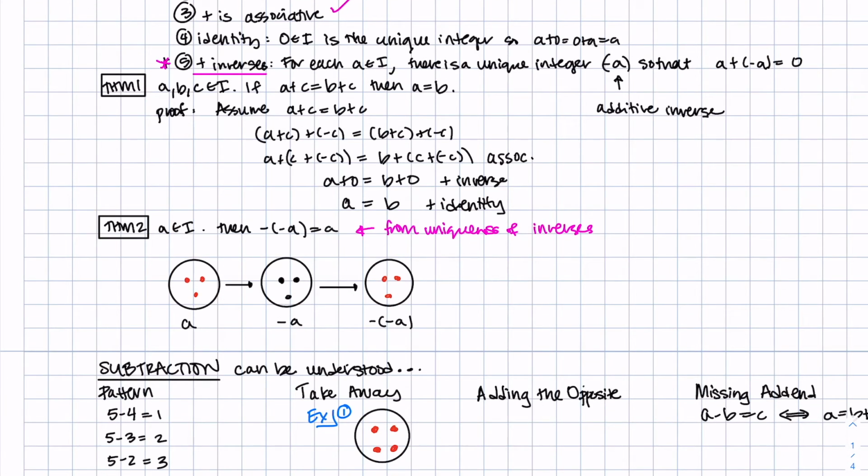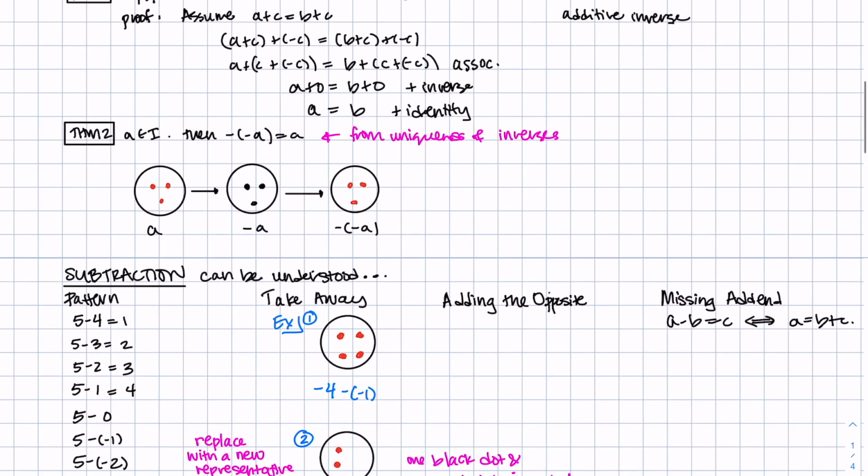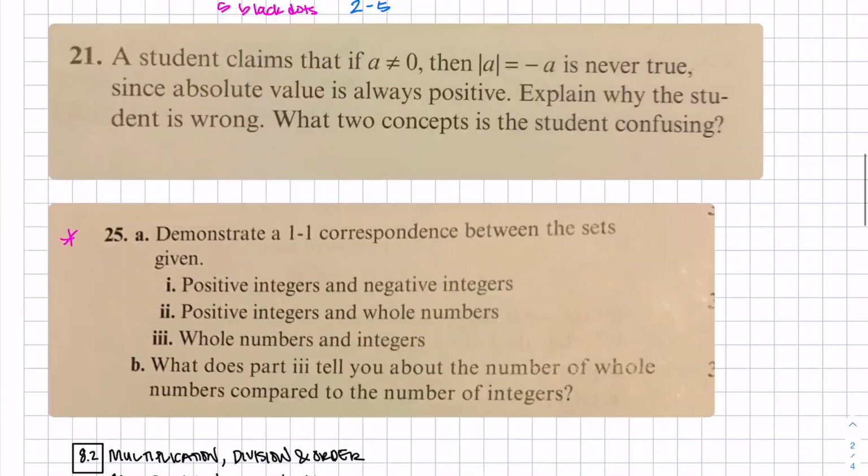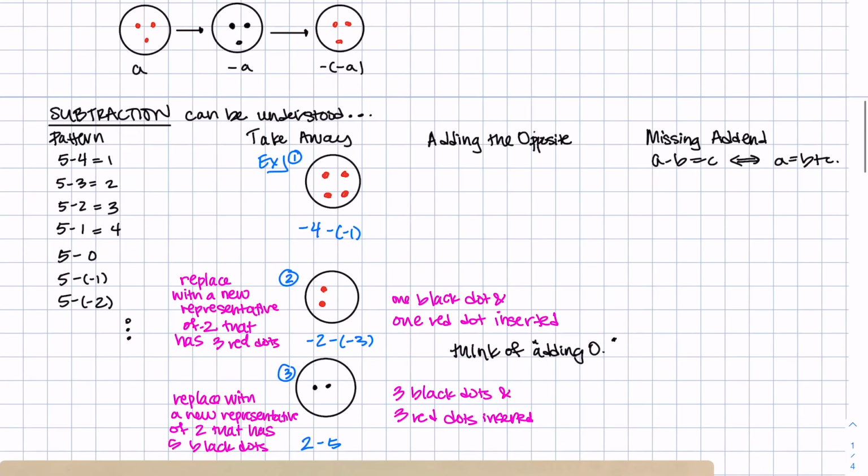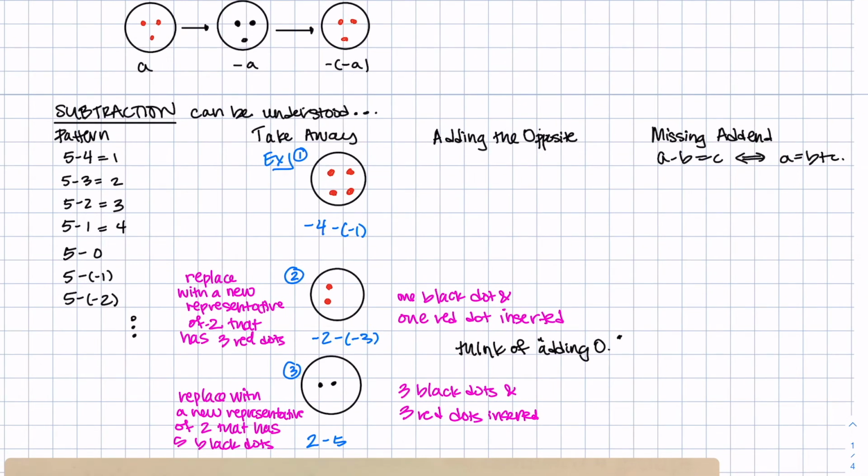Okay. So as for subtraction, again, we could try to define it, and I can't remember if they write out a definition explicitly from the whole number definition, but how they explain subtraction on the integers is through a couple different ways that we can understand it.